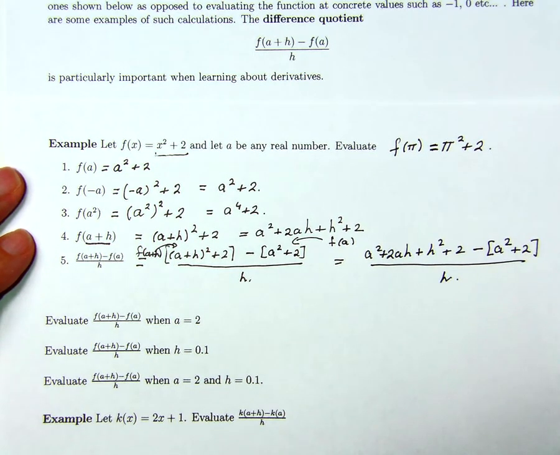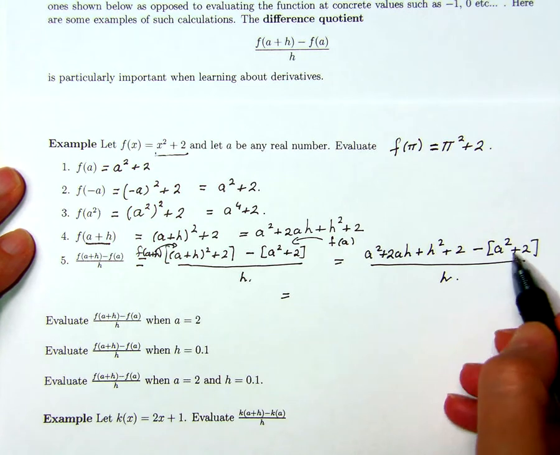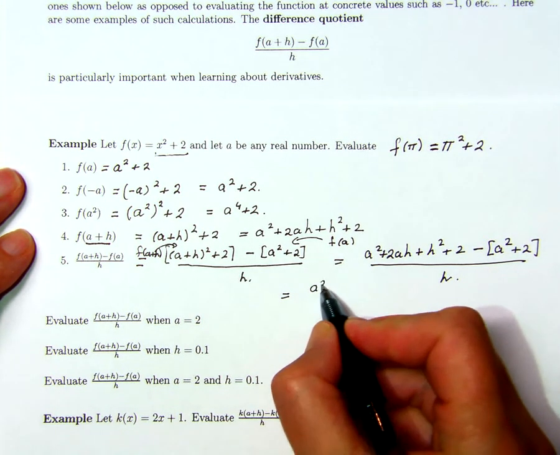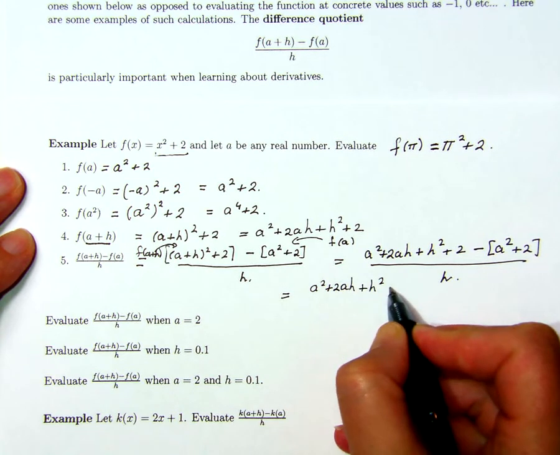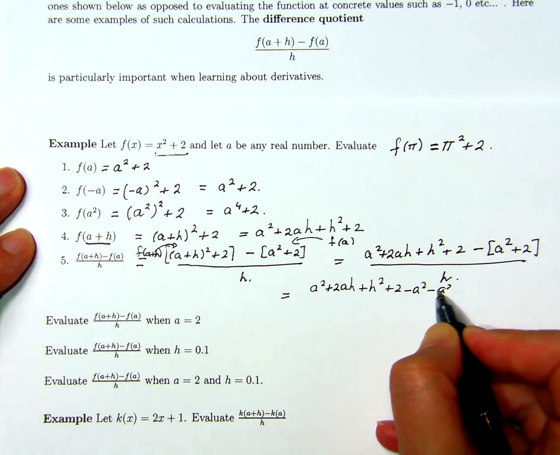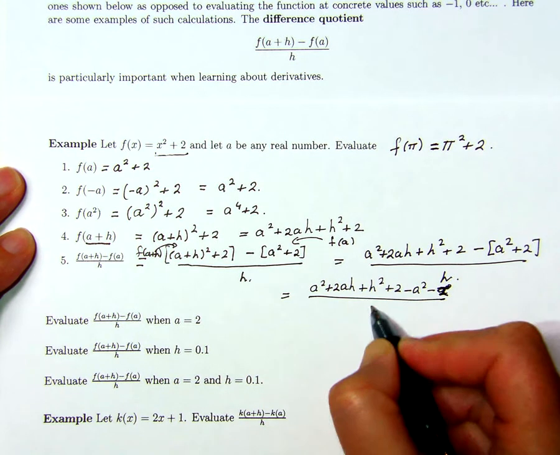And you see I can tidy that up quite a bit because I have some cancellation here. It's a squared plus 2ah plus h squared plus 2 minus a squared minus 2, all over h.